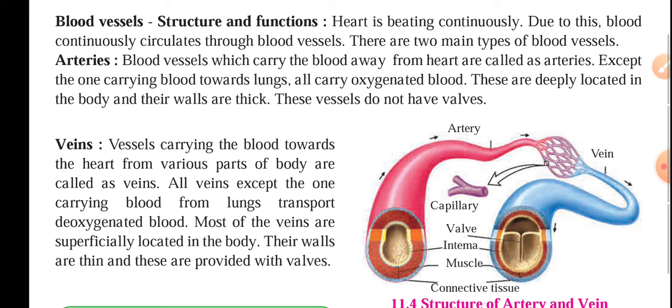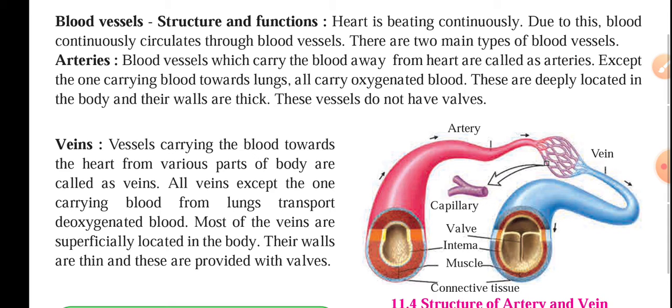First, the deoxygenated blood is collected into the heart, and then it goes to the lungs, and from the lungs it comes again to the heart. So 2 times it comes, and then from the heart to the entire body, and then again it is brought back. So that's why it is called a double circulation system in the human body.